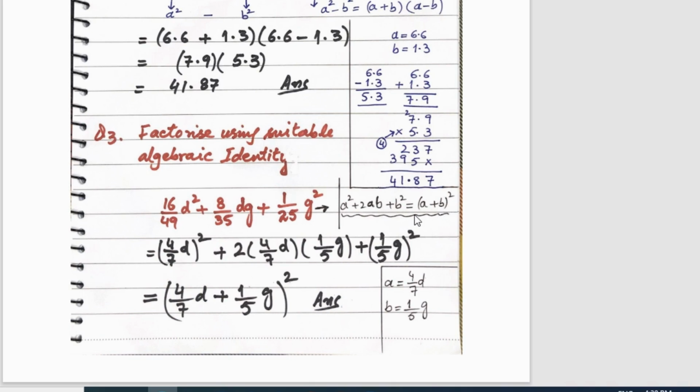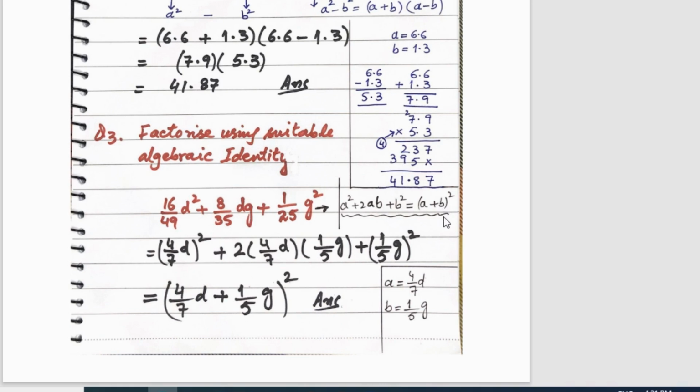Until we write down the given algebraic expression in the form of a square plus 2ab plus b square, we cannot close it into this form, a plus b whole square.